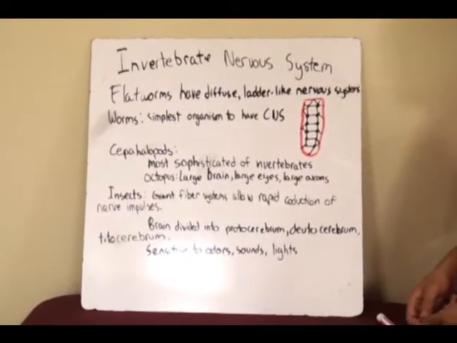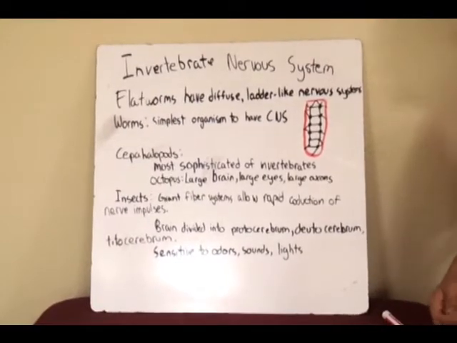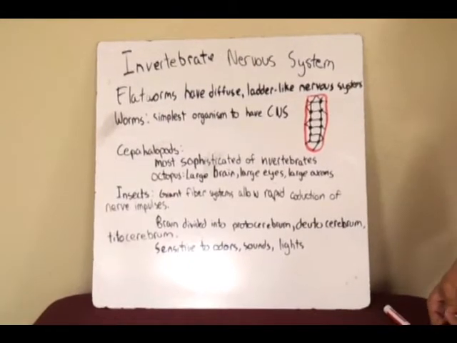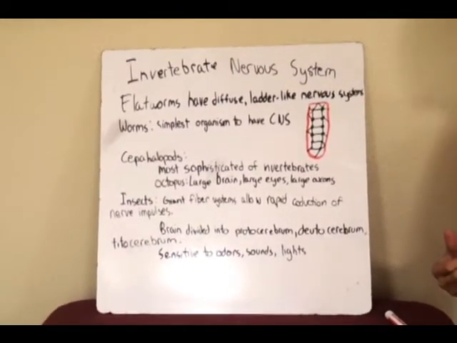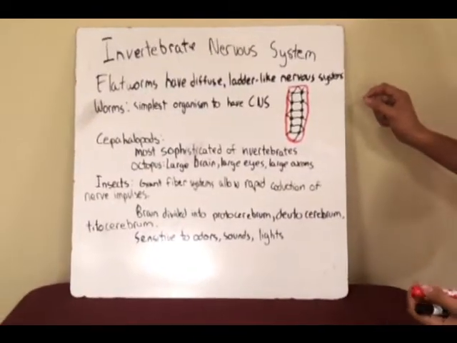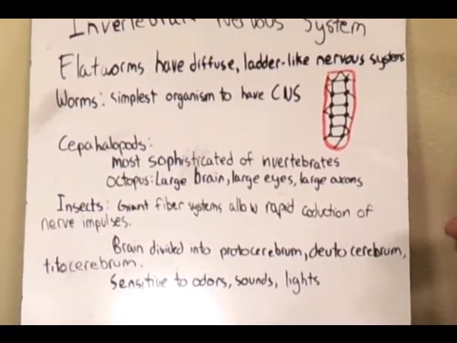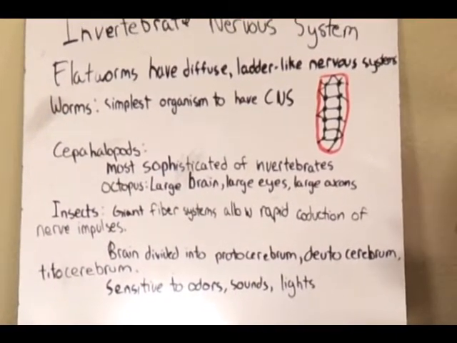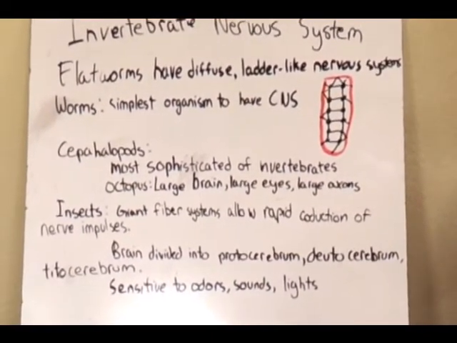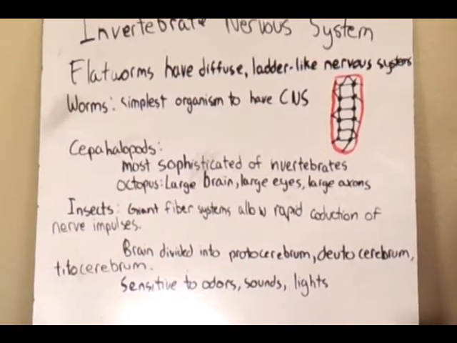Flatworms are more complex than the hydra, but less complex than, let's say, an octopus or a cephalopod. They have a diffuse ladder-like nervous system. You see here, their neurons are sort of aligned in a straight line, causing more variation in the movement and the motor senses of the flatworm, so they can move different parts and not have to move their entire body.